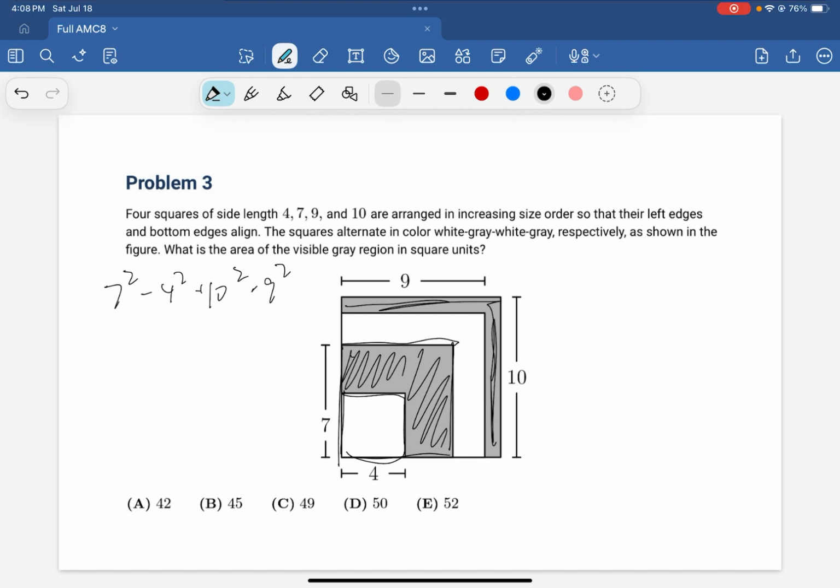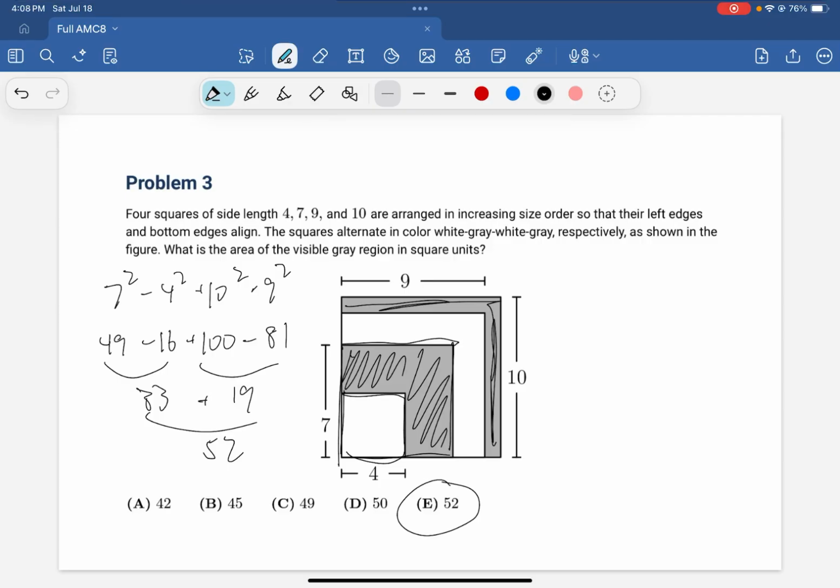And you can use difference of squares here, but I'm just going to do it normally. This becomes 49 minus 16 plus 100 minus 81. This is 33, and this is 19. So adding these together becomes 52. So the answer is E.